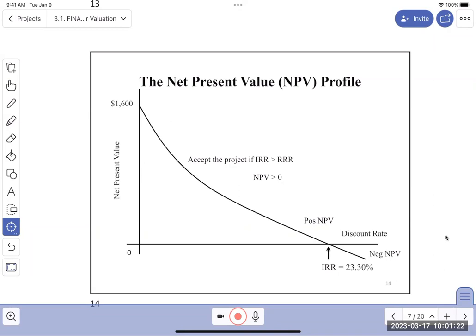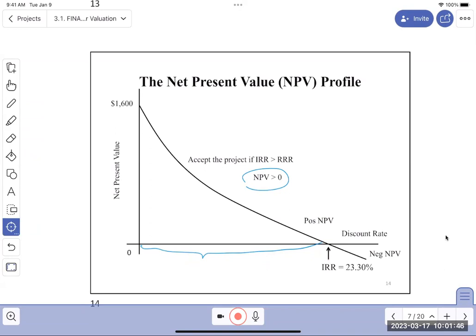There's a bunch of things on this page. What is the one that speaks to you? Probably this one here. NPV greater than 0 means accept the project. Everyone agree? So for any of these discount rates in this range, we can accept the project.